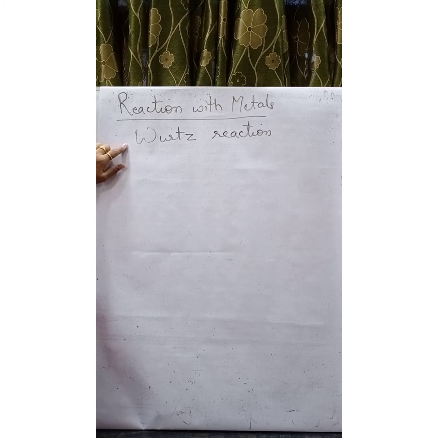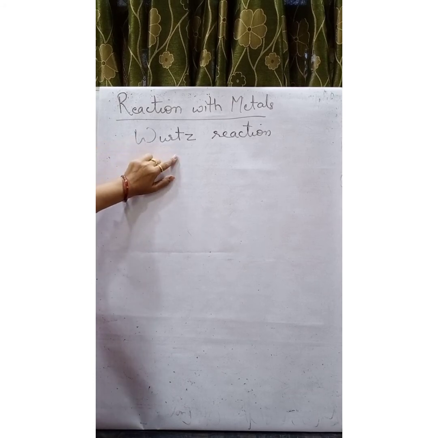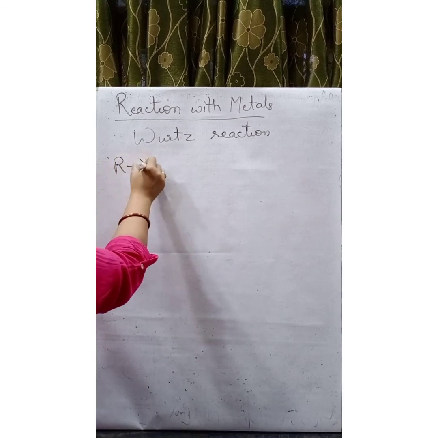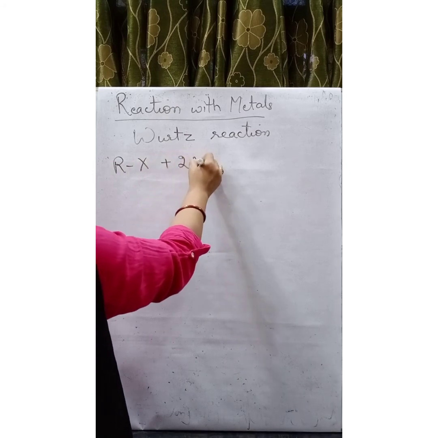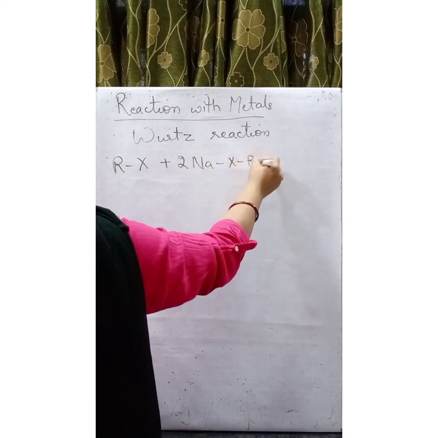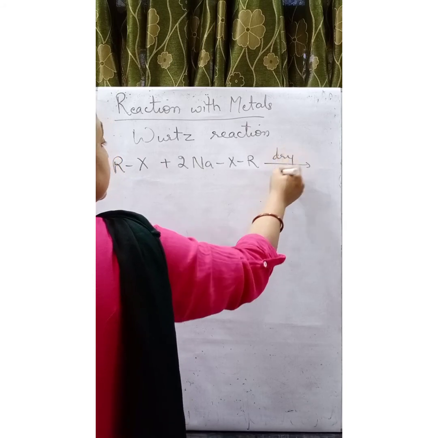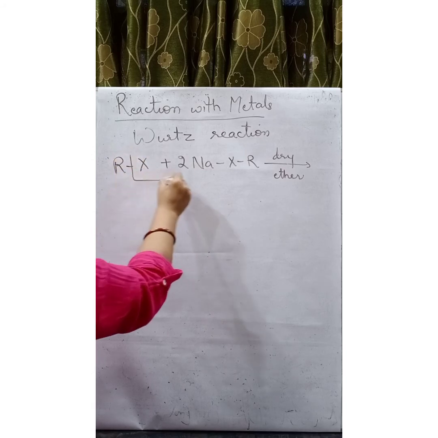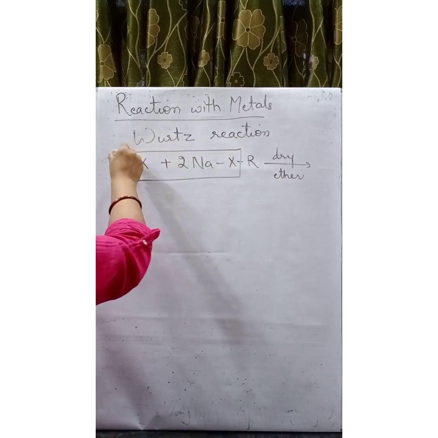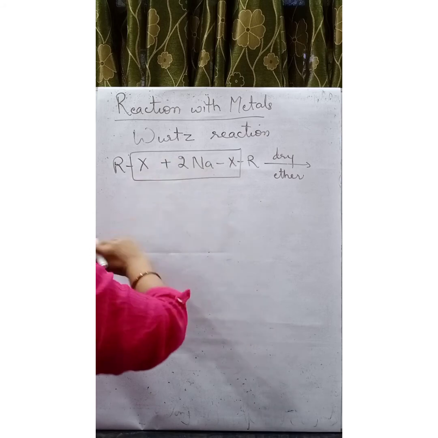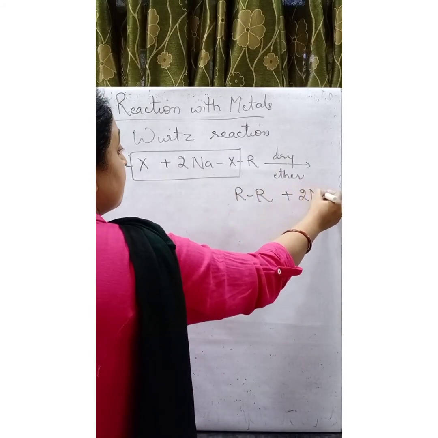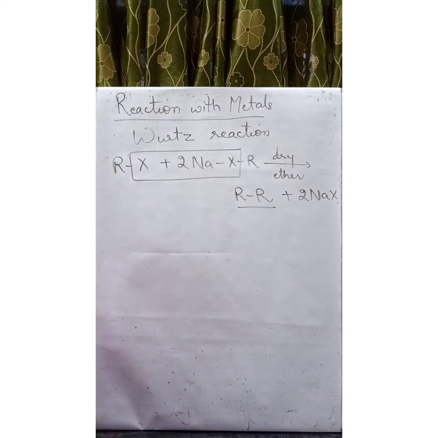Another most popular example of reaction of haloalkane with metal is Wurtz reaction, where it reacts with sodium metal. 2 moles of haloalkane combines with 2 moles of sodium atom in presence of dry ether. Here also dry ether is used to avoid the traces of moisture. So it will eliminate 2NaX and it will result in the formation of an alkane with double the number of carbon atoms.